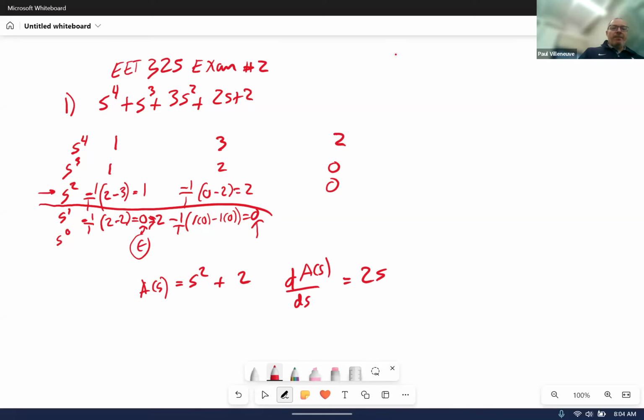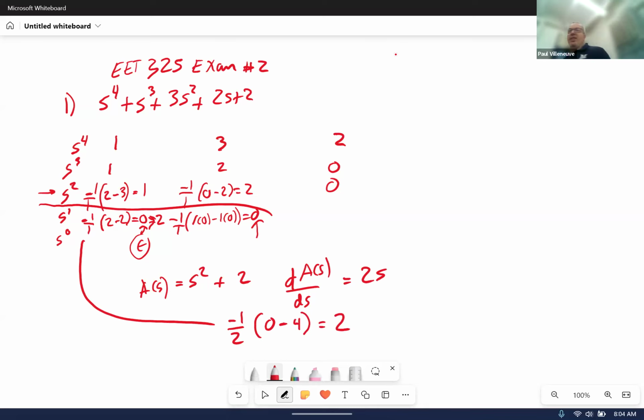So now we can continue on. And now we've got our A term here, or let me just go ahead and put this term over here so we have room. So we have -1/2 times 1 times 0, which is 0, minus 2 times 2, which is 4, which is equal to 2.